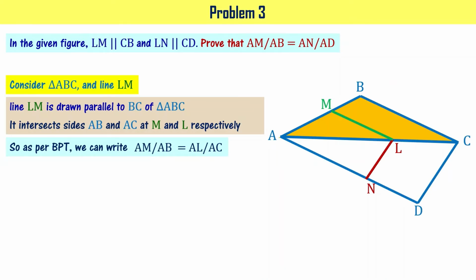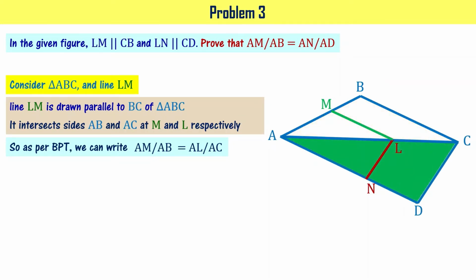Till now we have seen that we were writing it as AM by MB equals AL by LC, but one can write even this way also. If you consider two separate triangles, triangle AML and triangle ABC, then you can write it as AM by AB equals AL by AC also, as per basic proportionality theorem.